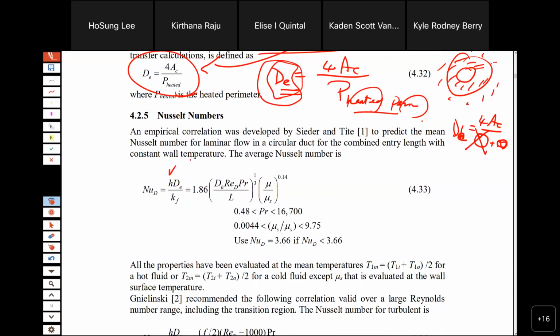Okay, this is a convection coefficient, and K of F. What do you think of K of F? Anyone? Answer. What is a K of F? Do you think?